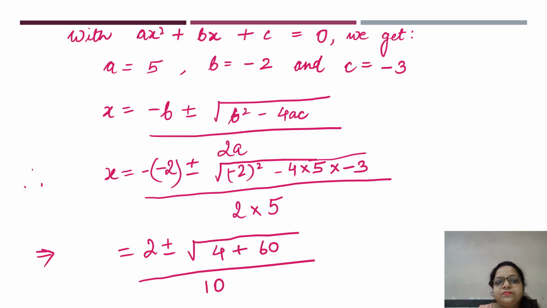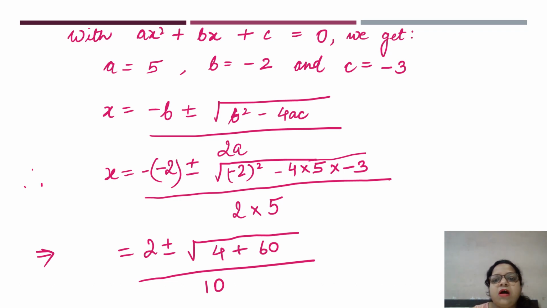Okay, that is, we compare it with ax square plus bx plus c is equal to 0, and we get the values of a, b and c, that is 5, minus 2 and minus 3 respectively.